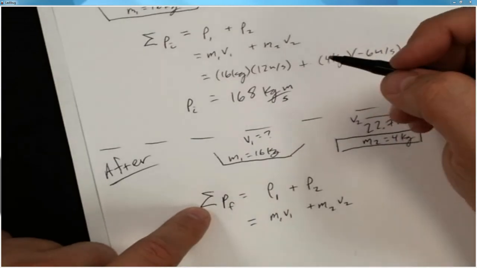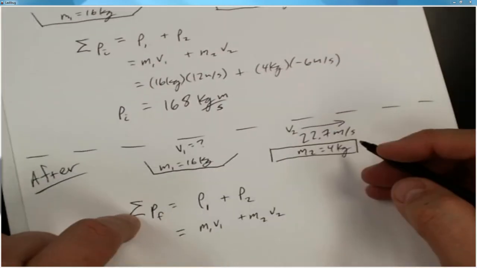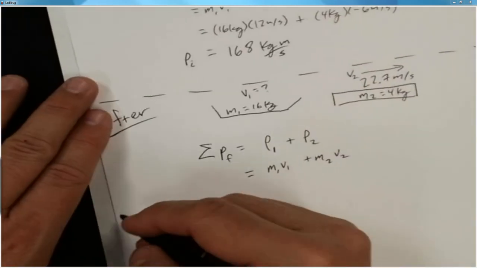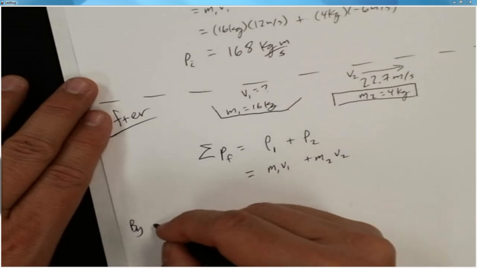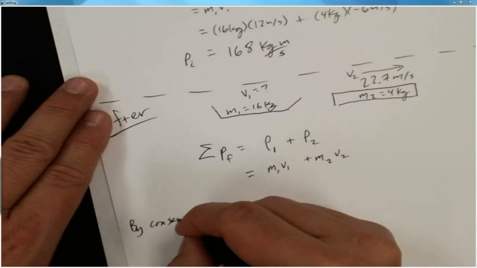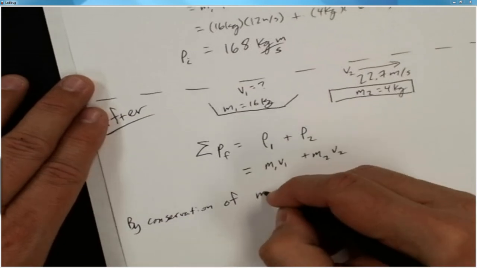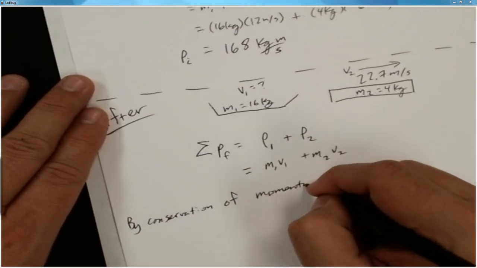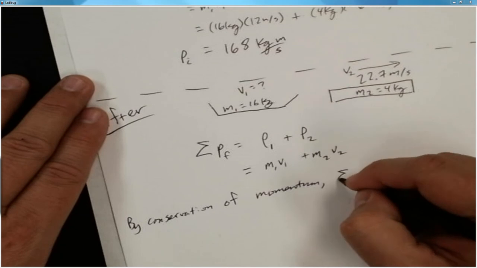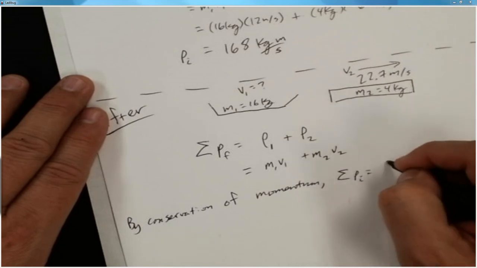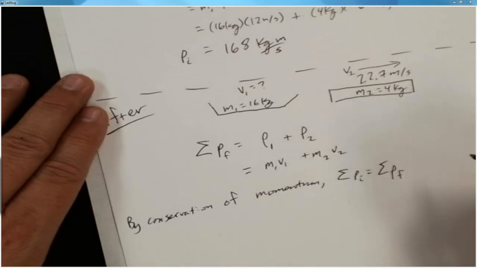But hold on, conservation of momentum is true. By conservation of momentum, the sum of all momentums initially is equal to the sum of all momentums finally.